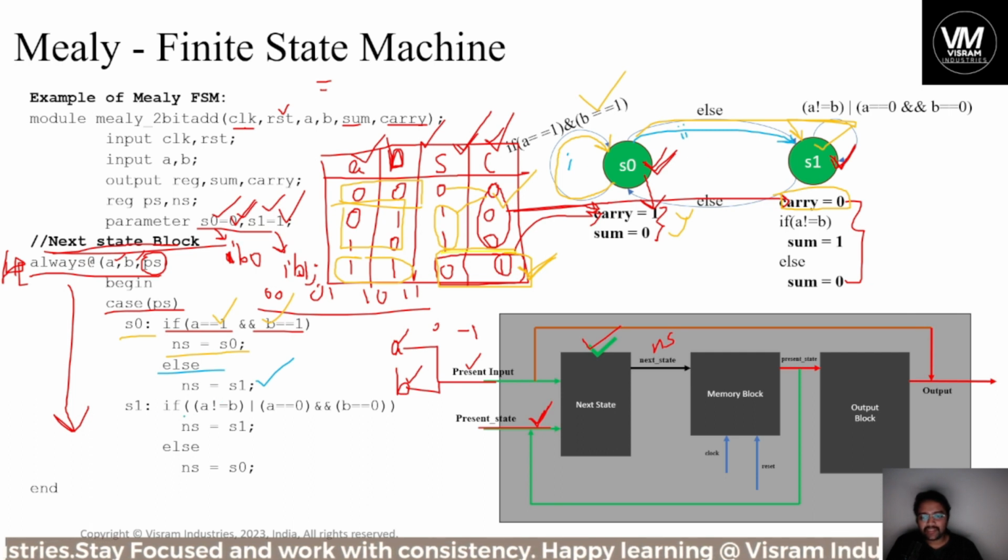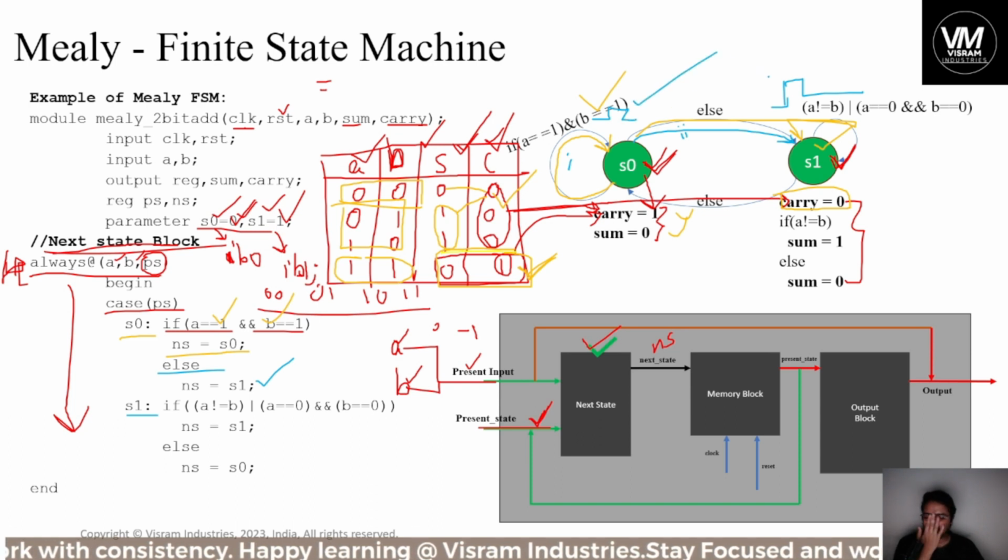And now what are we thinking? For the S1 state, now come to this point. We have reached here at this particular clock period. At the next state, we are talking about if A is not equal to B, or A is equal to 0 and B is equal to 0.